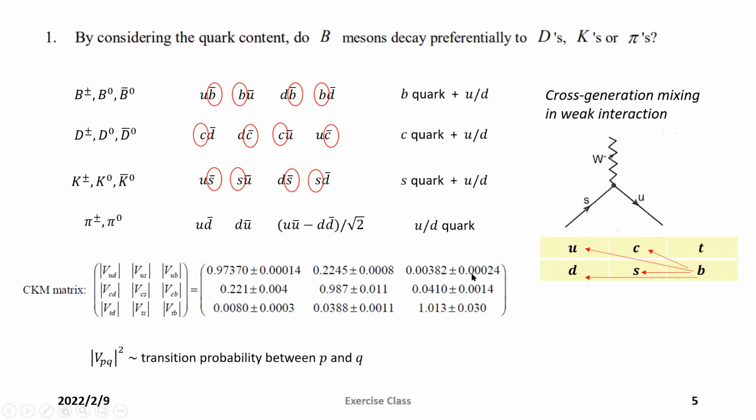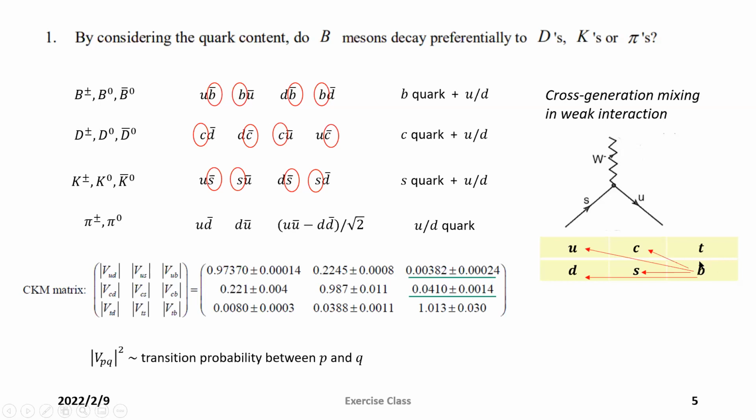And then we can consider the CKM matrix. The meaning of the CKM matrix is that the modulus square of the entries is proportional to the transition probability between the 2 quarks. So we can consider these 2 entries. We can see V_cb has a larger value than V_ub.